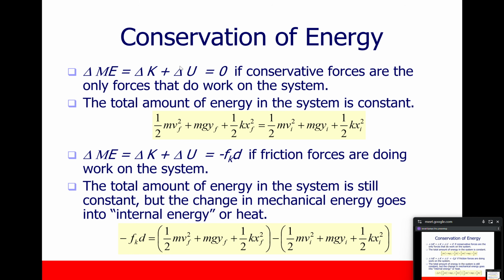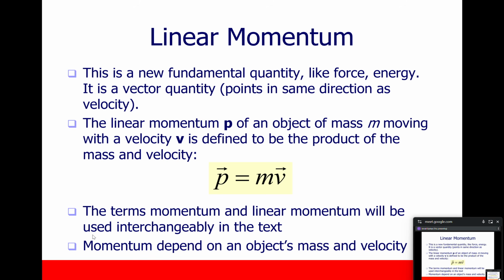You have the algebraic sum. When we say algebraic sum, it means that the total energy before the collision must be equal to the energy after. So initial must be equal to final. That is basically what conservation of energy is talking about.